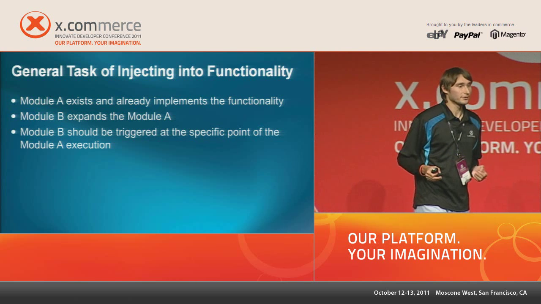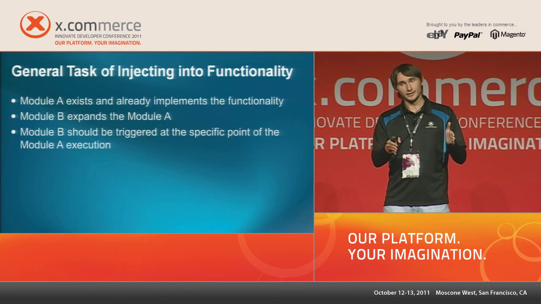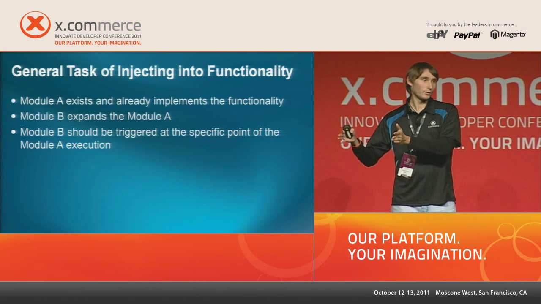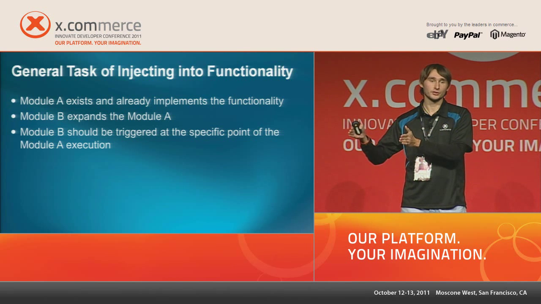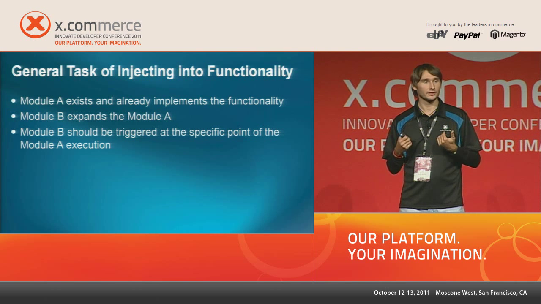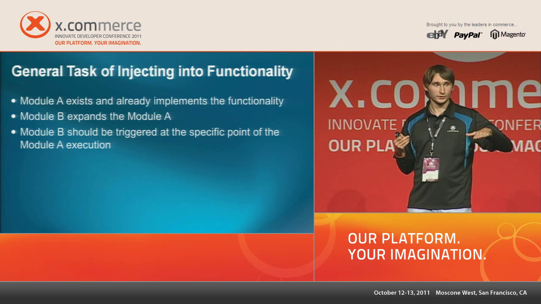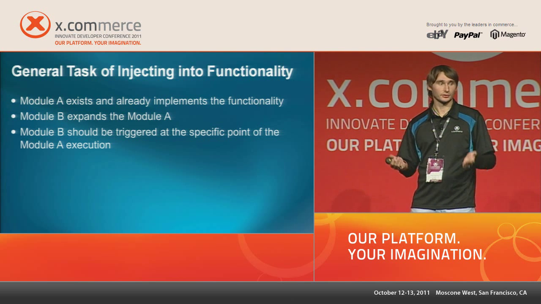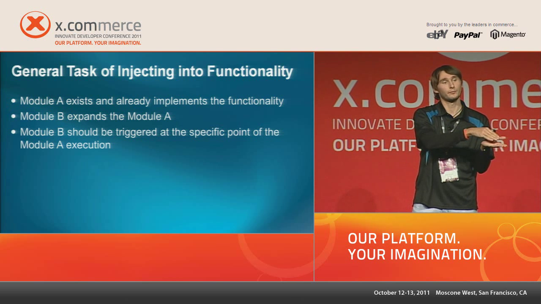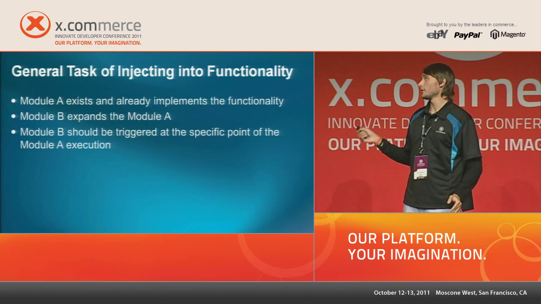Let's say there is module A already existing in the system which implements some feature. And we're introducing module B, which needs to be executed or triggered at some point of execution of module A. So its logic needs to be kind of injected at some point of module A. So it's a pretty general task.